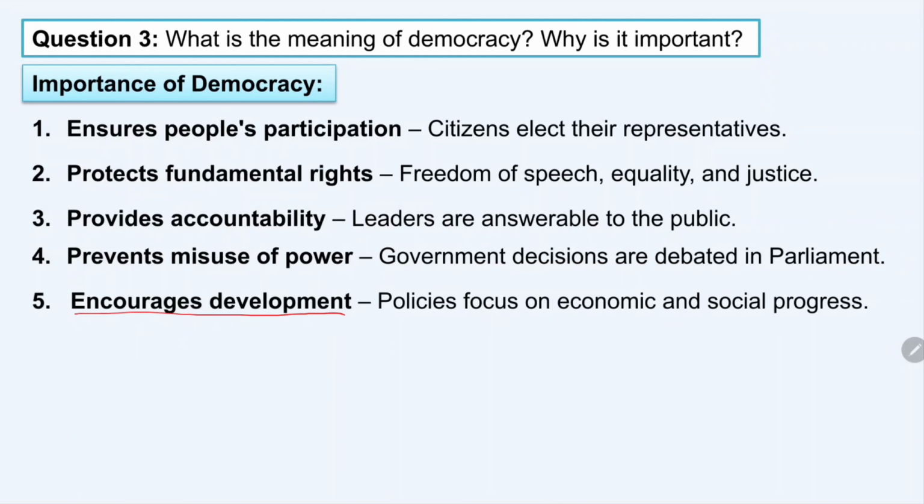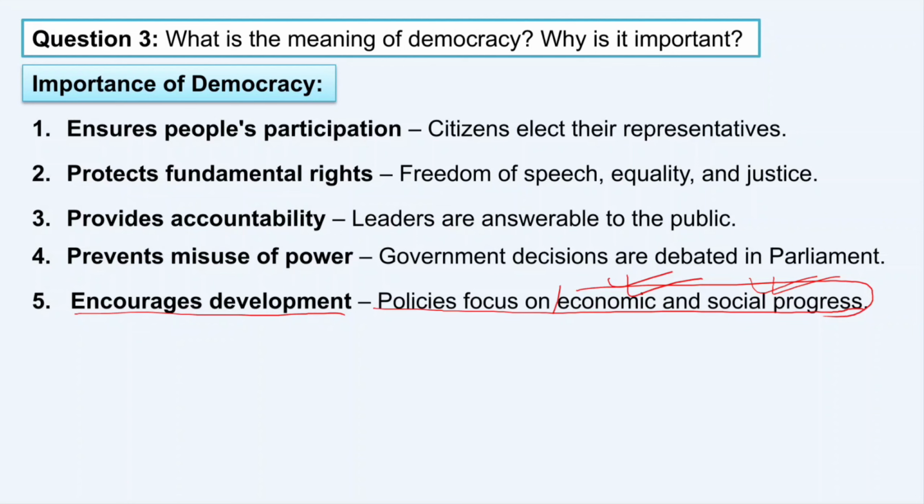So it encourages development. Policies focus on economic and social progress. The policies which have been brought up by the government will always focus on economic and social progress, economic development, because it is very much necessary for a country's development, isn't it? And social progress, that is where the welfare of the people is given priority.